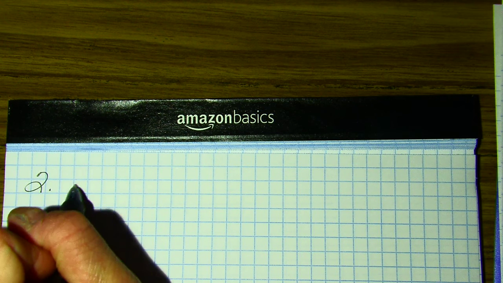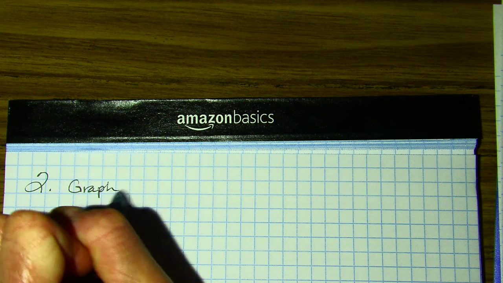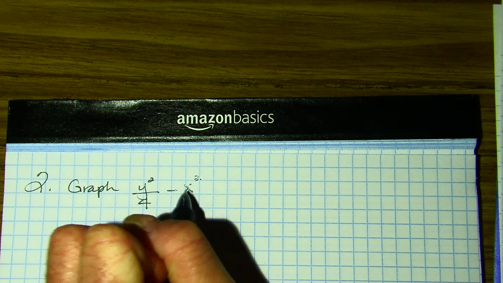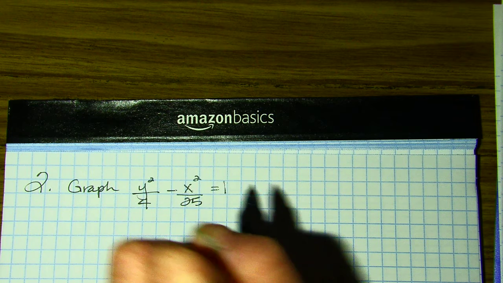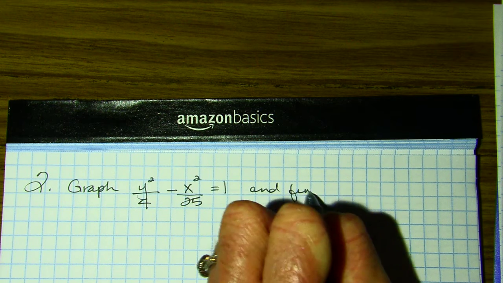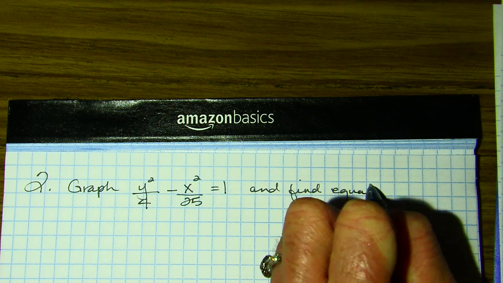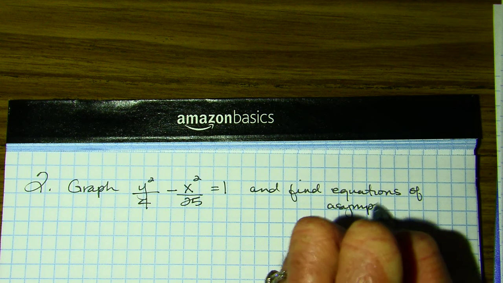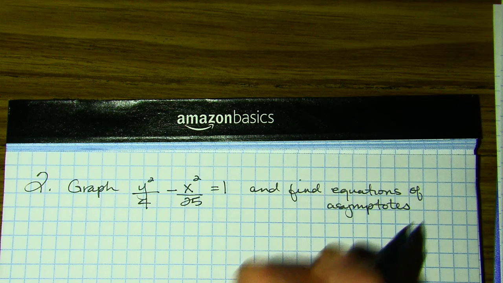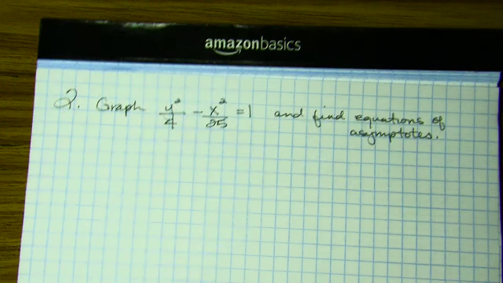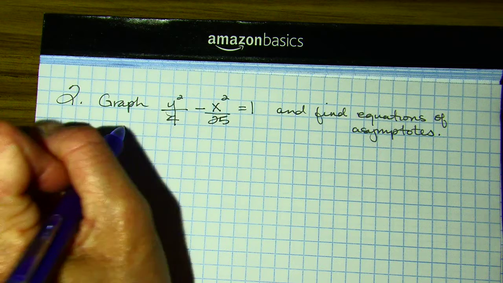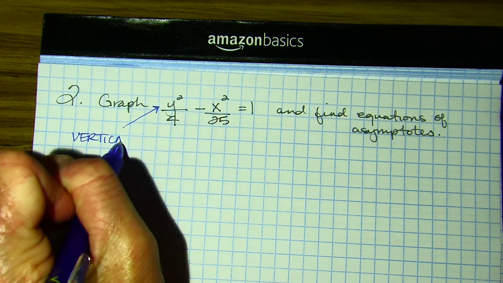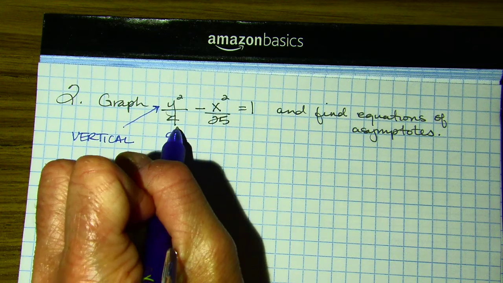Next, we are going to graph y squared over 4 minus x squared over 25 equals 1 and find equations of asymptotes. First things first, I noticed that y squared is first. So that means that this is vertical. But a squared is still first.